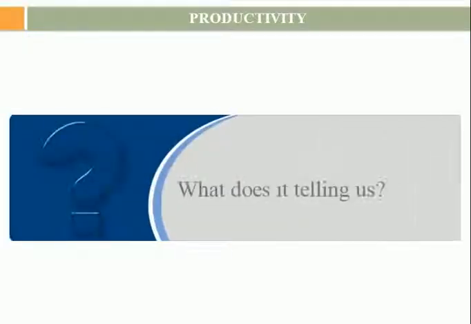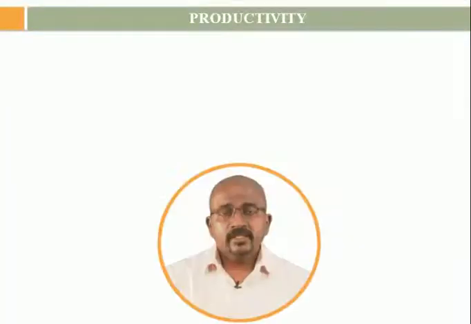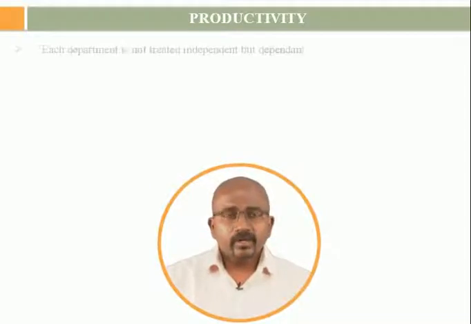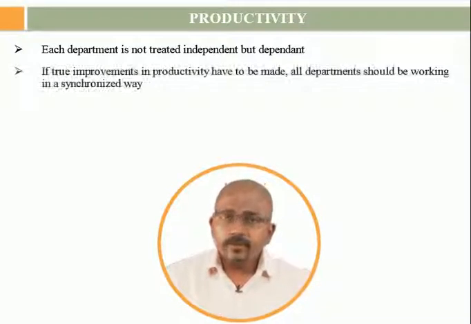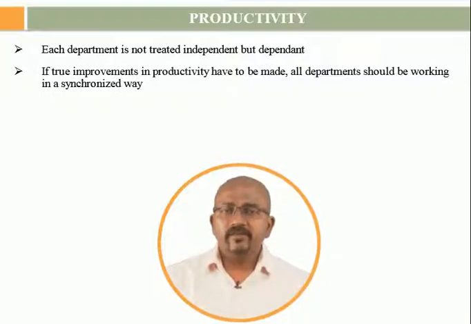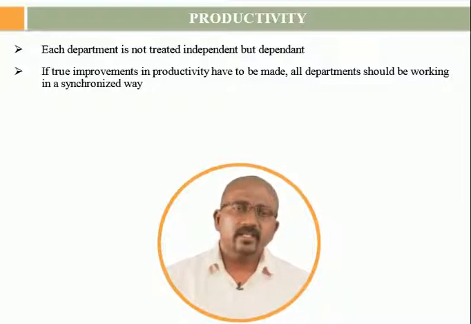That means the impact of one can be felt on the second. Now what is it telling us? That certainly I am not treating each department as independent but as dependent. What does that mean? It means that if true improvements in productivity have to be met, I need to have all departments working in a synchronized way.